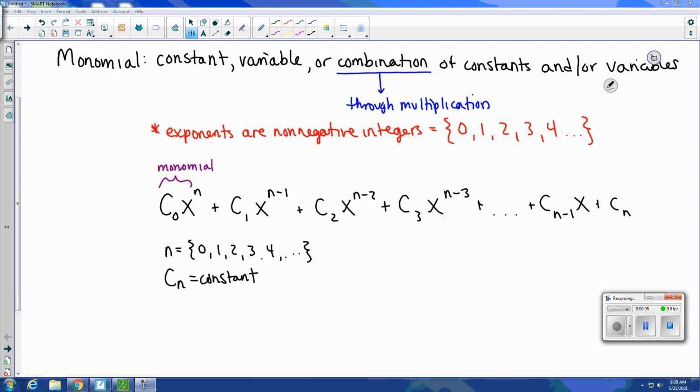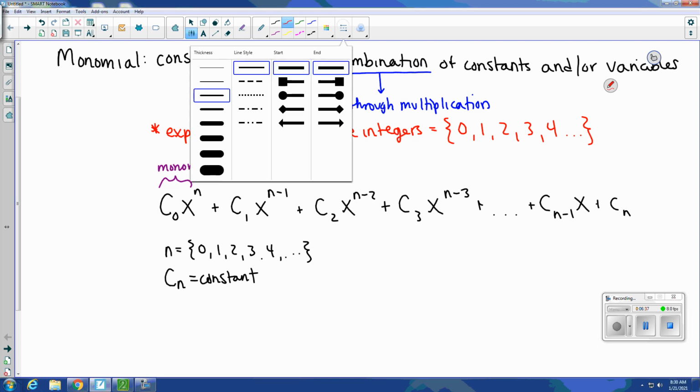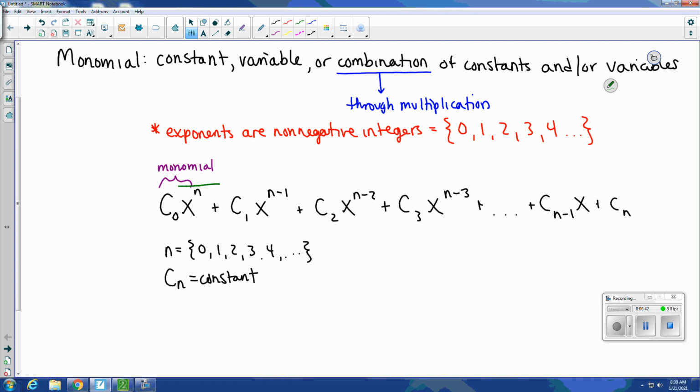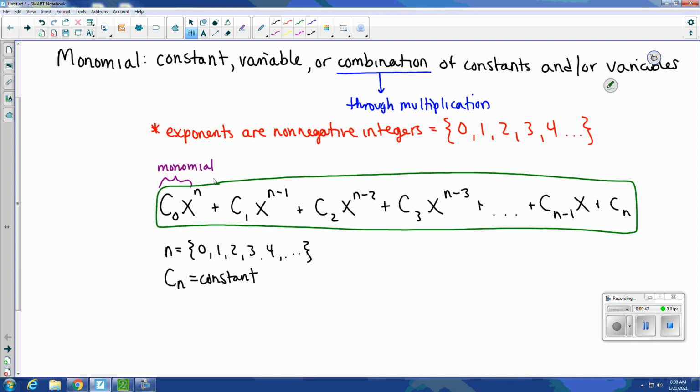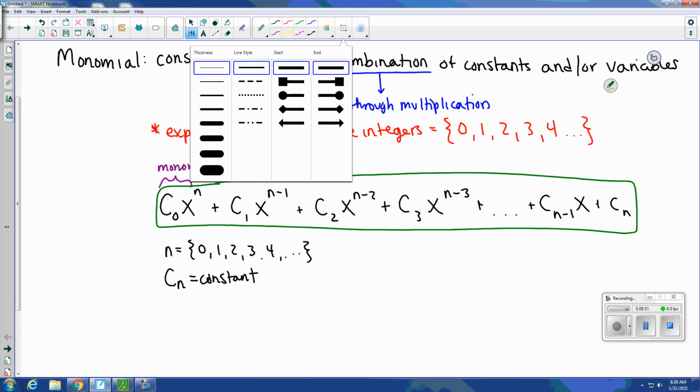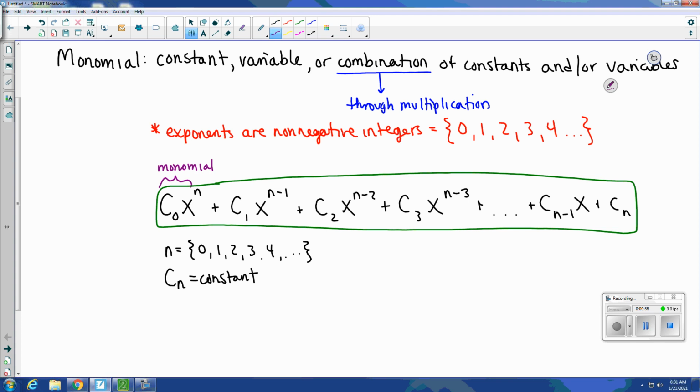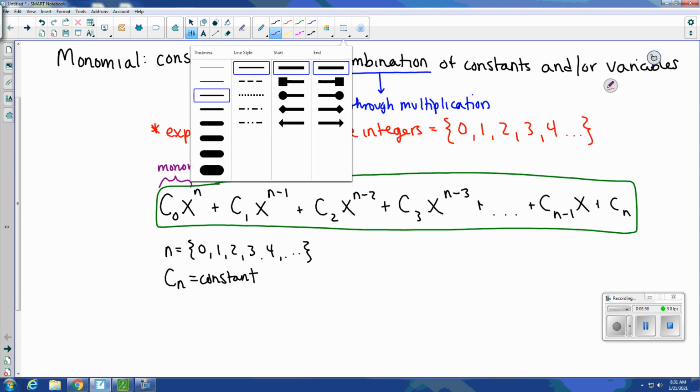Now, this long string of monomials that are held together through addition, so this string here, is what we call a polynomial. So multiple terms of monomials held together through addition.